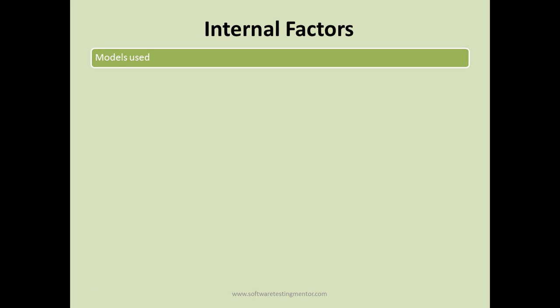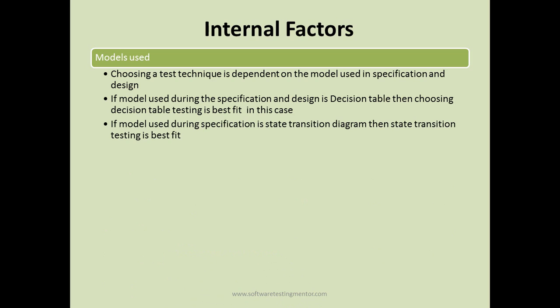So let's go ahead and see what the internal factors are. Suppose models used. Choosing a test technique is dependent on the model used in specification and design. For example, in the software requirement specification or the design document, if there is a decision table being used for designing the software, or there is a state transition diagram being used, then choosing decision table testing will be the best fit if a decision table has been specified as a model in the design document.